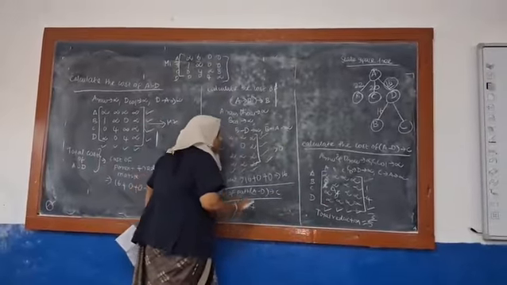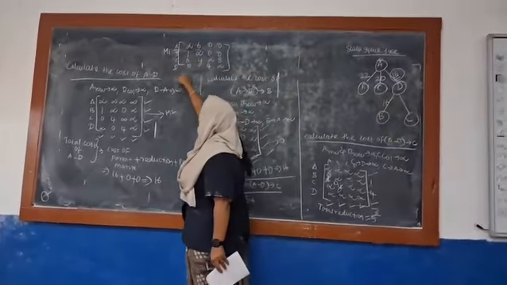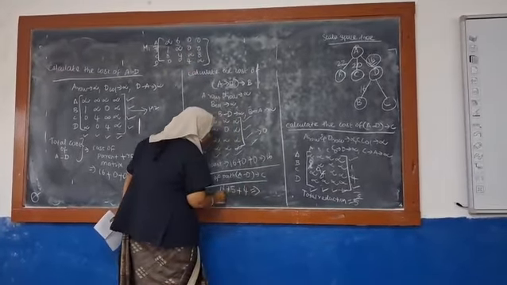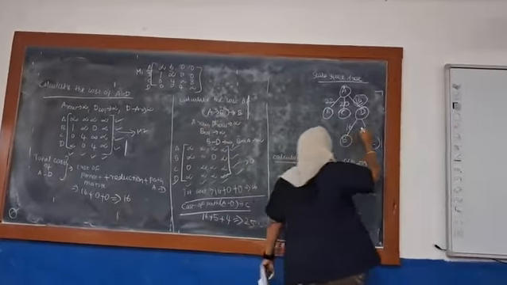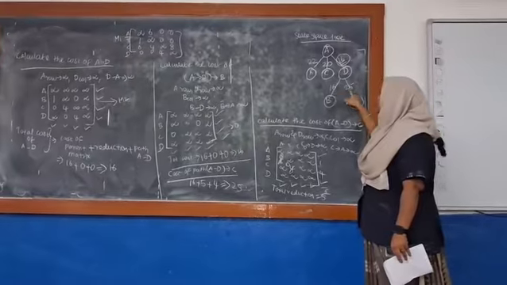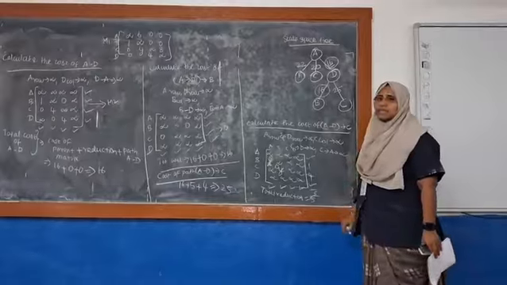Plus the cost of D to C. What is the cost of D to C? The value is 4. So now 16 plus 4, 20. 20 plus 5 is 25. So now the cost of this particular path is 25. So in these two, which one is minimum? 16. So I have to choose B as my third matrix.